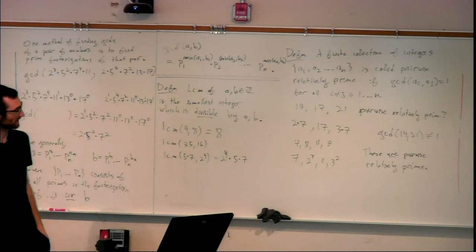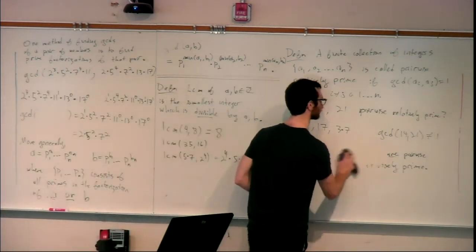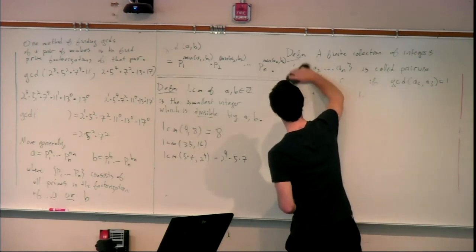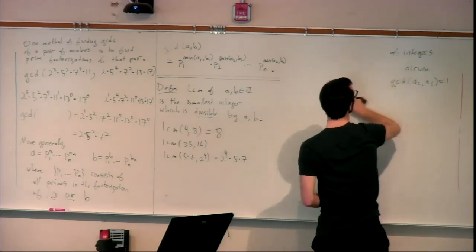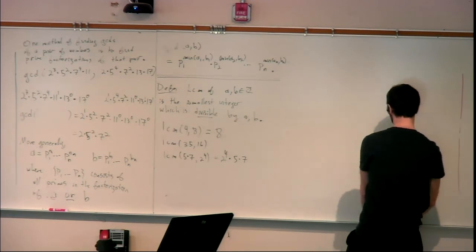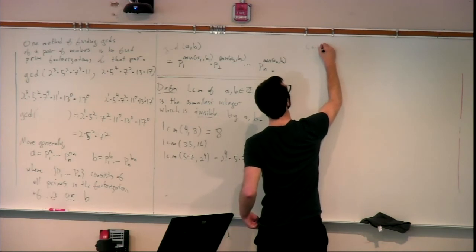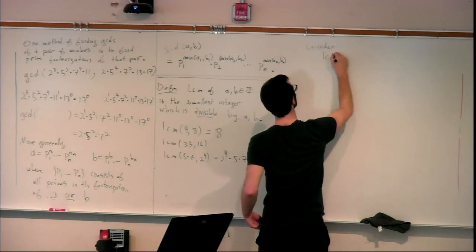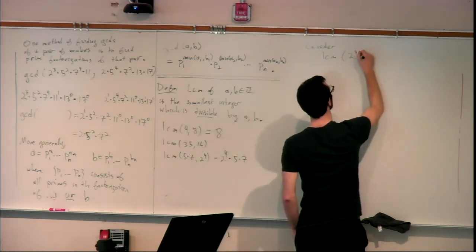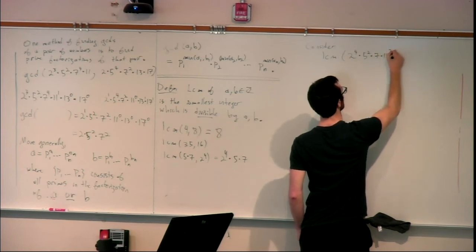Let's do one more example. Let's consider the LCM of, now I'm going to make up some numbers, say 2 to the 4th times 5 squared times 7 times 11 cubed.